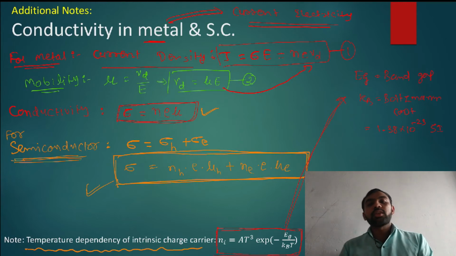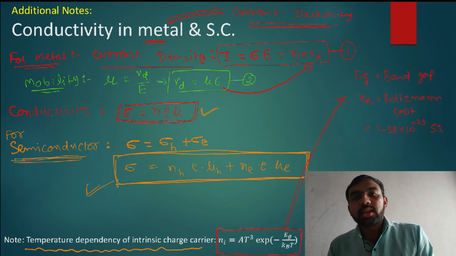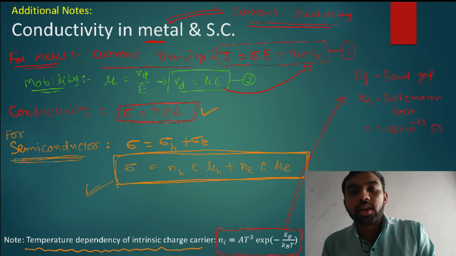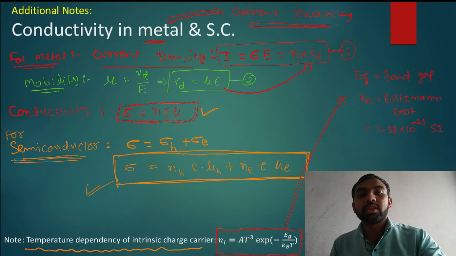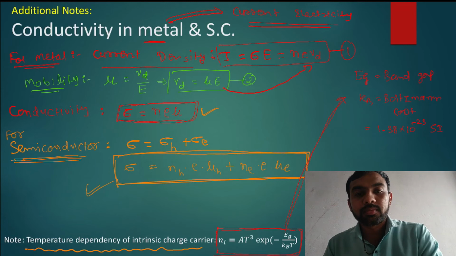So 1.38 into 10 raised to minus 23 is the value of kB, and T is the temperature in Kelvin. All of you must note this theory in your book. Then after that we are going to the next one.